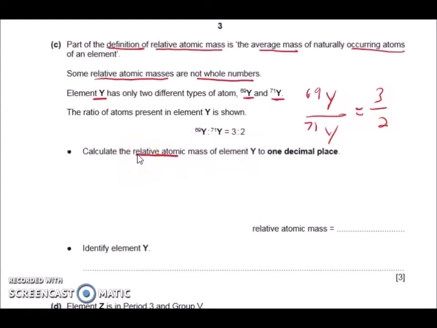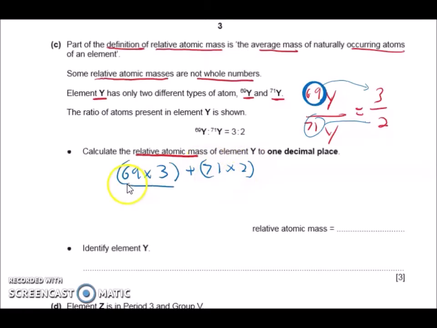To calculate the relative atomic mass of Y, you multiply 69 by 3, then add 71 multiplied by 2, and then divide by the total ratio, which is 5, from 2 plus 3. Let me calculate here.